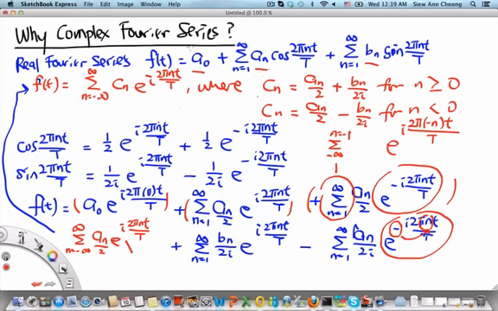Obviously, because Cn is related to an and bn in this manner, if we want to find the coefficient Cn, we can just find an, find bn, and then reconstruct Cn in this way. But this is not the most convenient way. So in the next video segment, we will see the most convenient way to evaluate the complex Fourier coefficients.